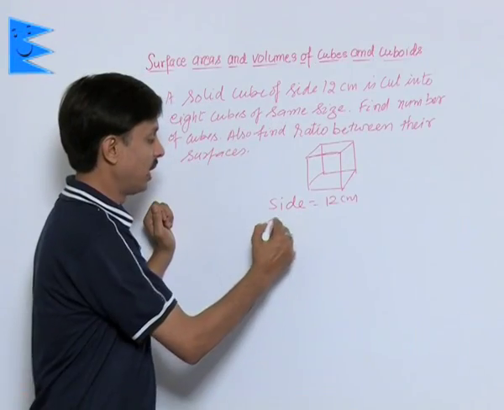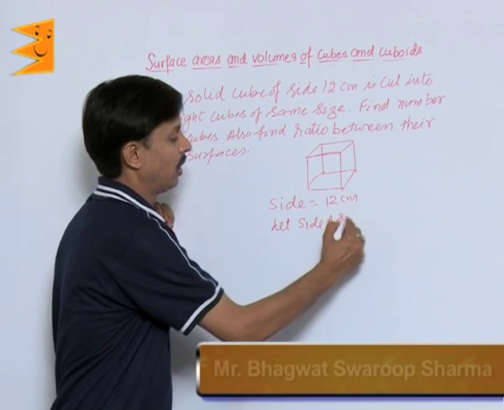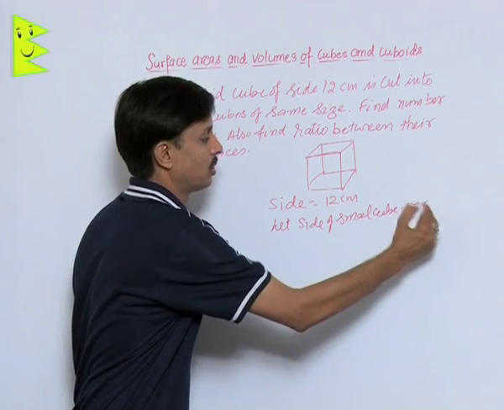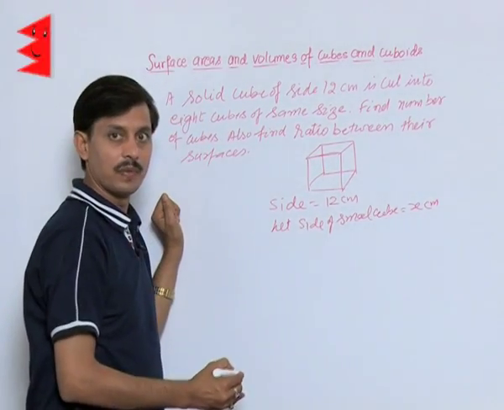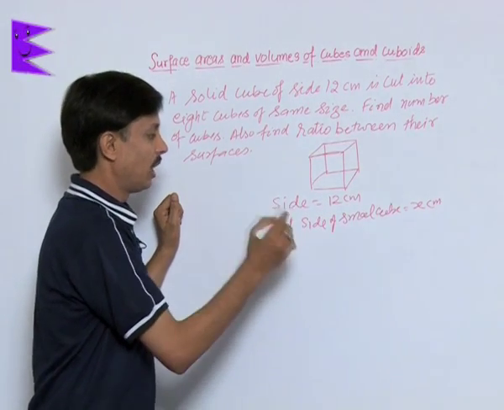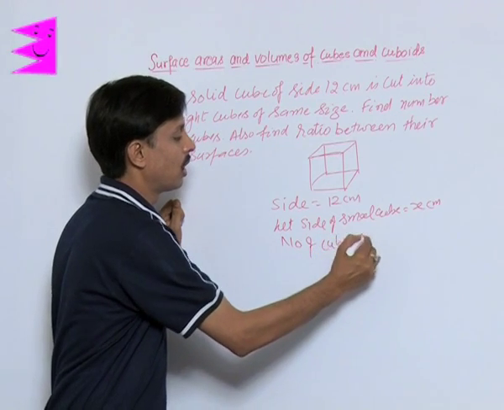I am supposing, let side of a small cube be x centimeter. Side of the small cube is x centimeter. Number of cubes cut.